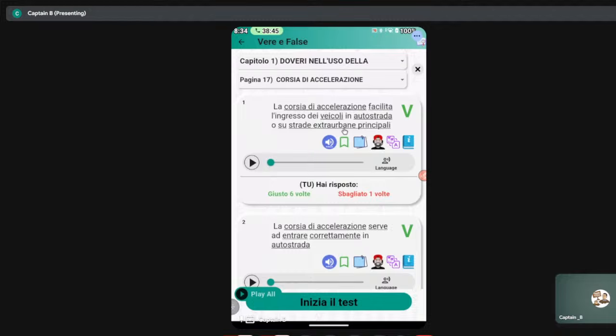So this accelerazione is used either to enter autostrada or to enter strada extraurbana principale, which is semi-autostrada, right? Accelerazione, acceleration, to enter.